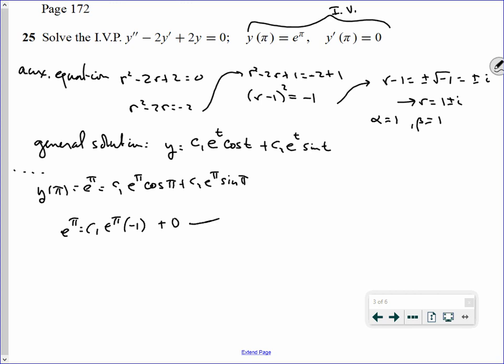So let's see, we have e to the pi equals minus c1 e to the pi. Okay. So that's enough to tell us that 1 is negative c1, or in other words, c1 is -1.